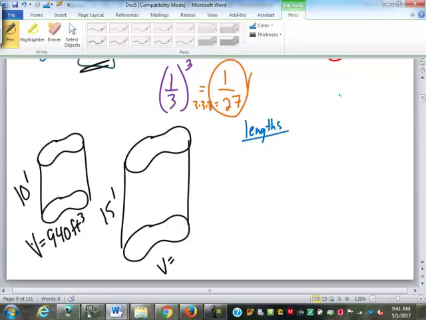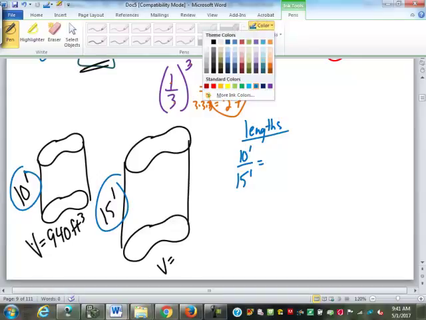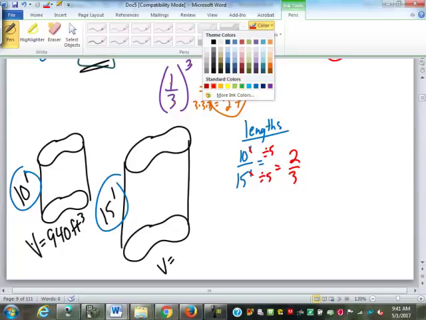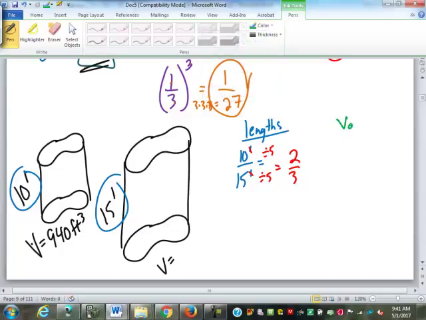Well, my ratio of lengths is 10 feet to 15 feet. Of course, the feet cancel out. I'm going to reduce that by dividing both of them by 5 to give me a 2 to 3 ratio of lengths. My ratio of volumes is found by doing what to that ratio of lengths?